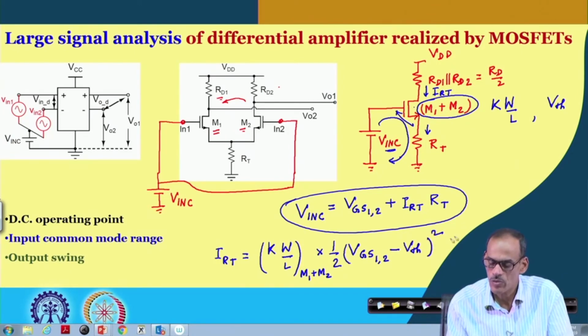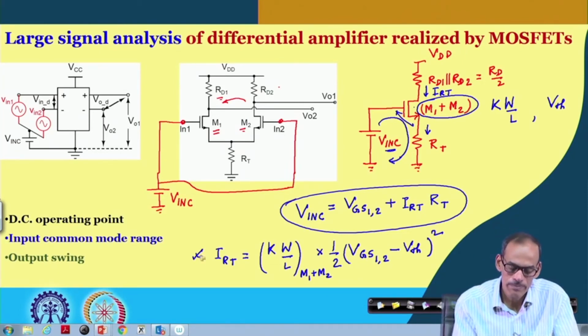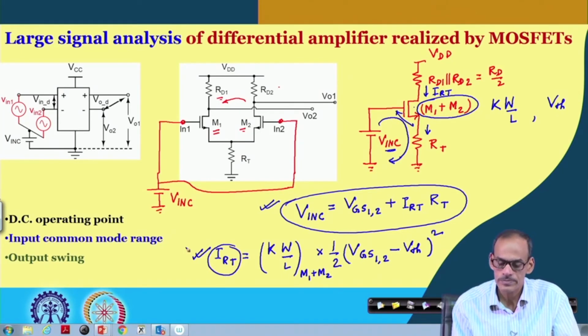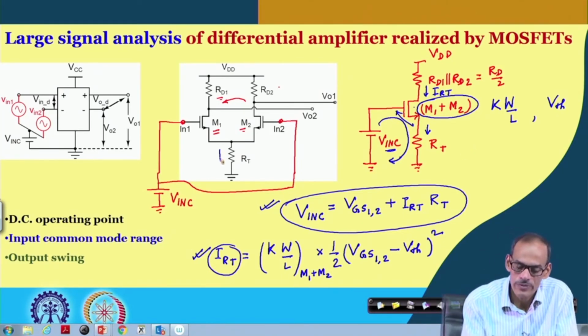So, we are dropping the 1 plus lambda VDS part. If you consider this equation and this equation and solve, then you can find the value of the current flowing through this RT, and then half of this IRT flows through this resistor and this resistor.